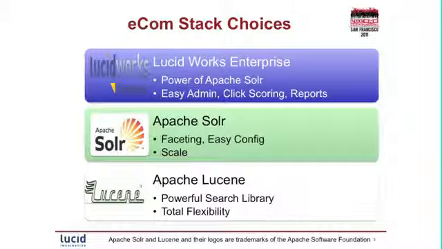So just real quickly, obviously at the Lucene layer, you've got the core Java APIs. Solr then builds the server on top of that, and adds in a number of things that you want to do when it comes to searching in e-commerce. In fact, I think Solr plays very well in the e-commerce space.